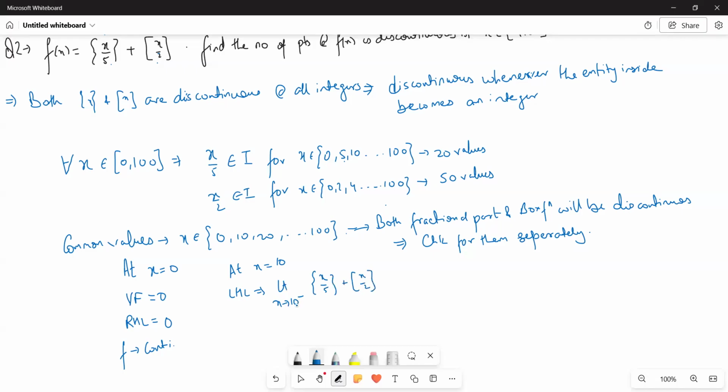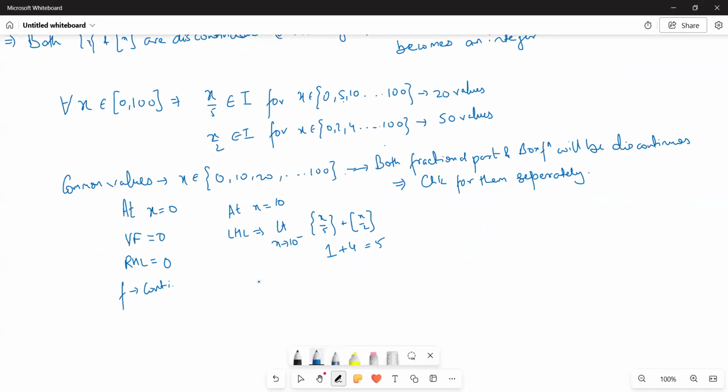For a value little less than 10, x by 5 would be a little less than 2. Box of a value little less than 2 is 1. And यहाँ पे होगा slightly less than 10 to slightly less than 5. So slightly less than 5 का box हो जाएगा 4. So the left hand limit would be 5.